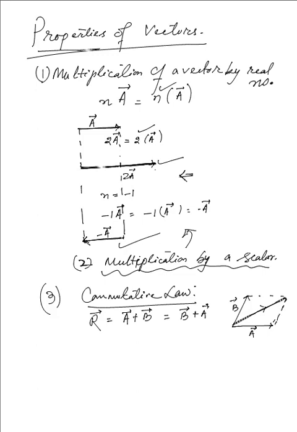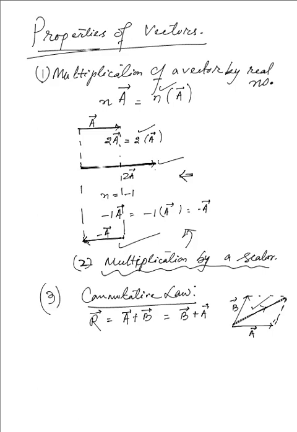Whether you take the second vector as the first or the first vector as the second doesn't really matter, because the vectors hold their magnitude as well as direction, and so their addition will always give the same resultant in each case.